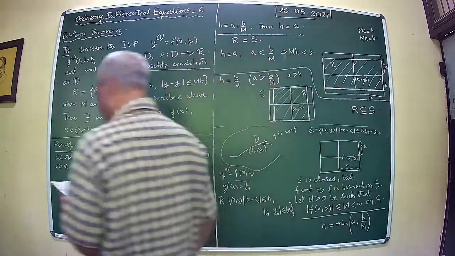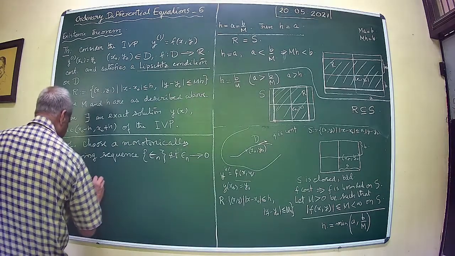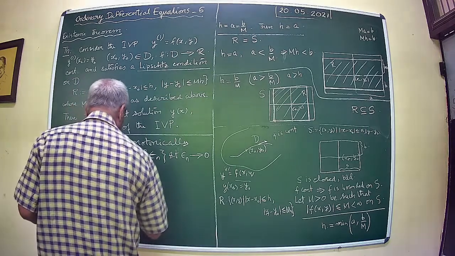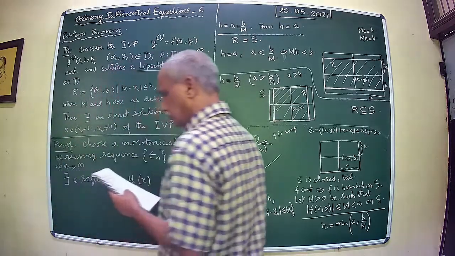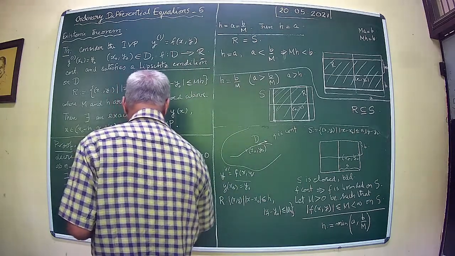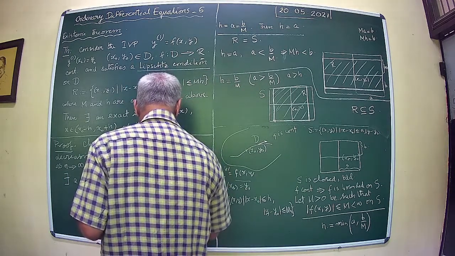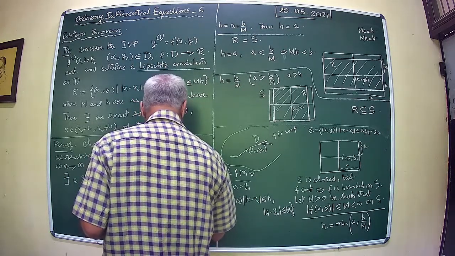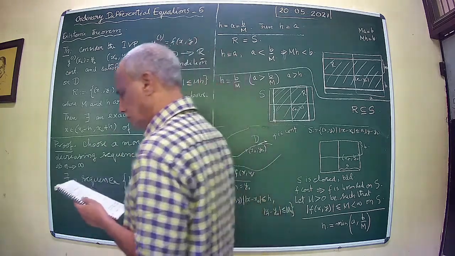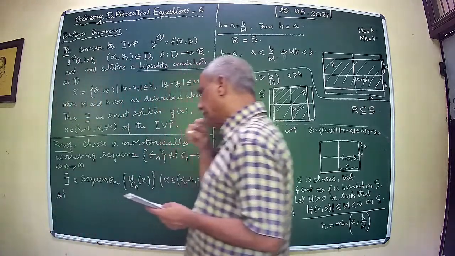Okay. So there exists a sequence y_n such that, what are the things that you have?